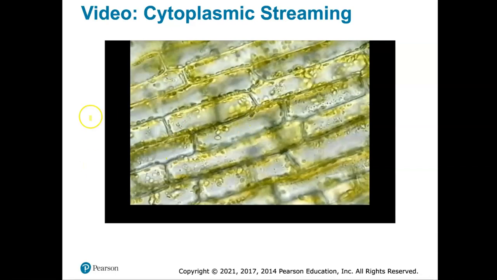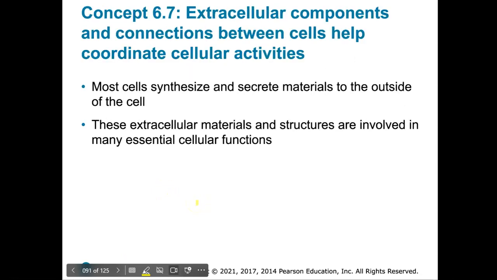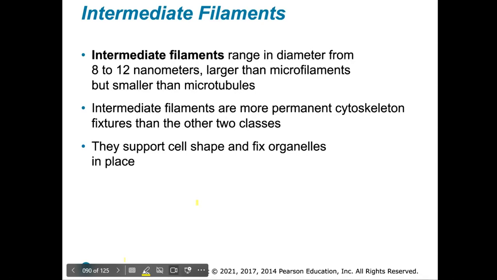Cytoplasmic streaming you can watch in this video, which was slide number 89. And then slide 90, we're going to cover a little bit more on the intermediate filaments. Intermediate filaments are more permanent cytoskeleton fixtures than the microfilaments or the microtubules.